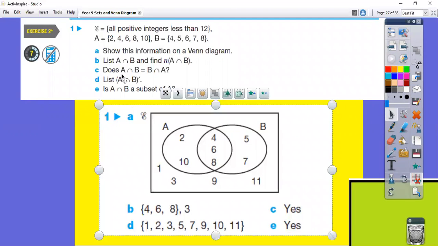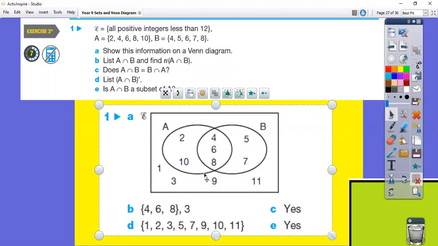Part C, is A intersect B the same as B intersect A? The answer is yes, because they both have the same 3 elements. D is list the elements not in A intersect B, but as I said, remember the apostrophe up here is basically the not, the opposite.